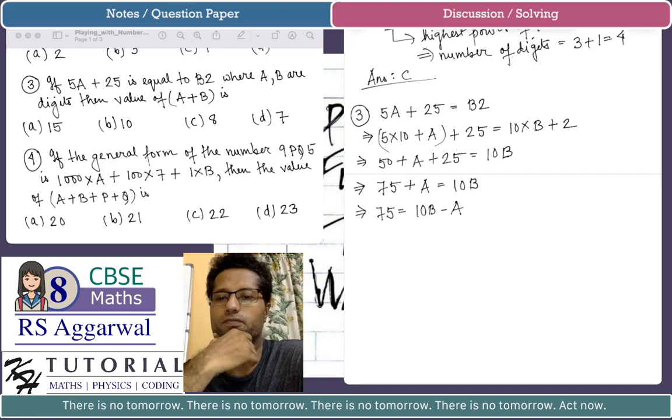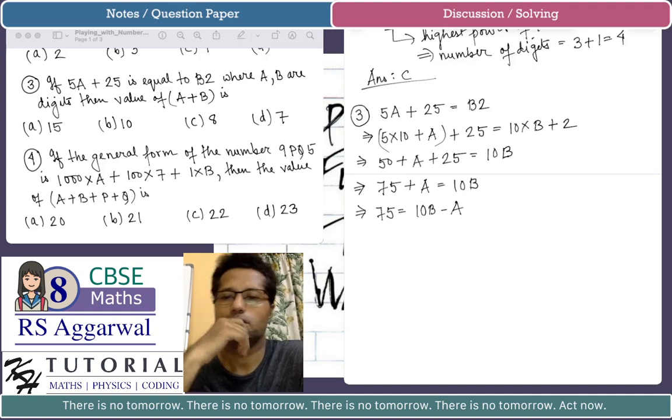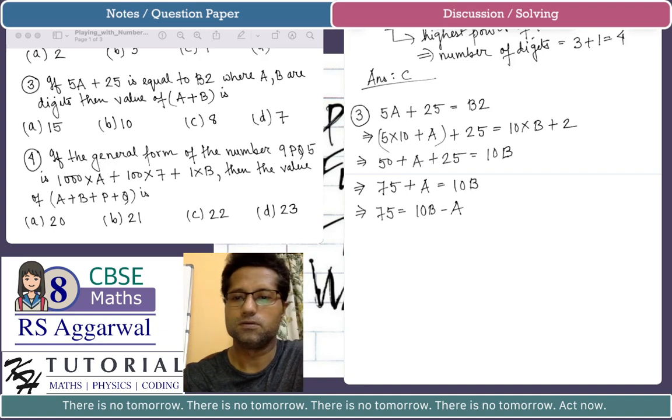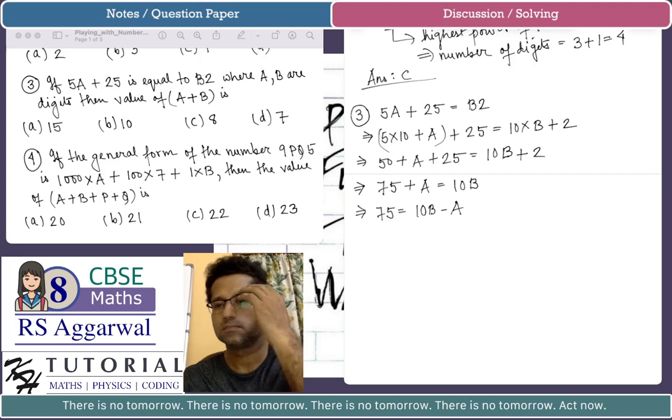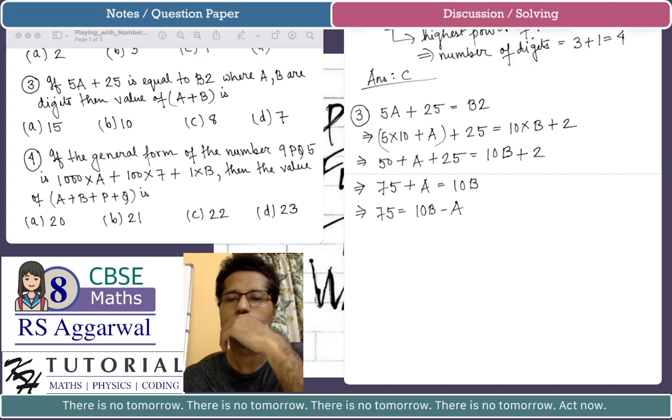And then we have 50 plus A plus 25 equals 10B, sorry, 10B plus 2. 5A plus 25 is equal to B2.